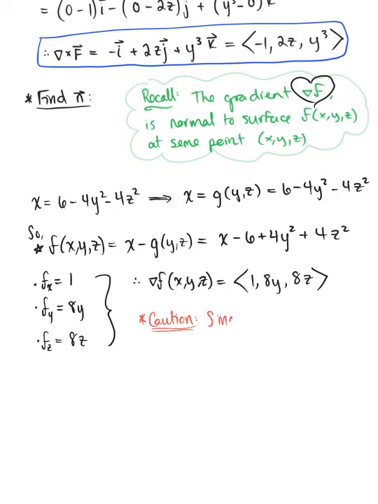So since S, our surface, is oriented in the negative x direction, we want to think about the negative version of this. So since S is oriented in the negative x direction, we take the normal vector to be the following.